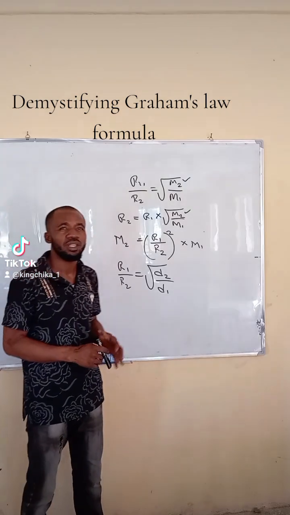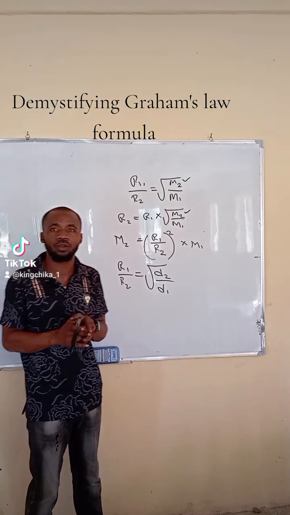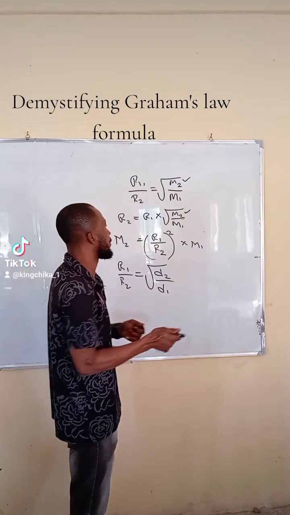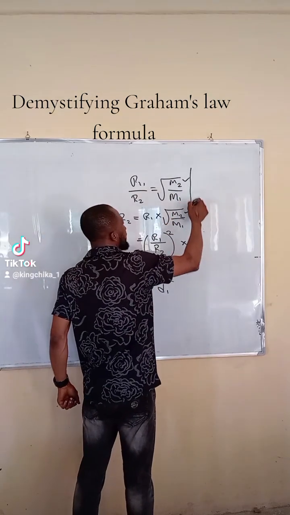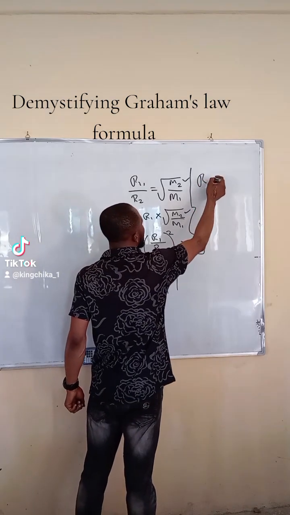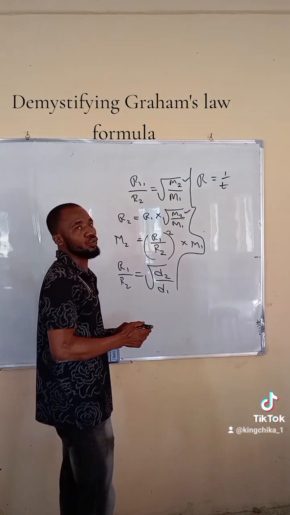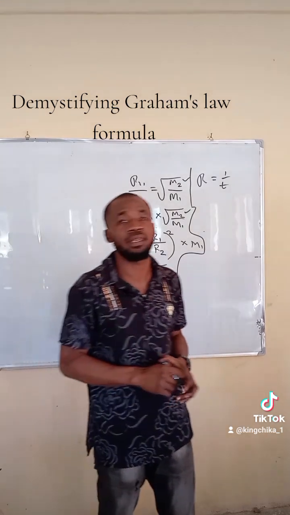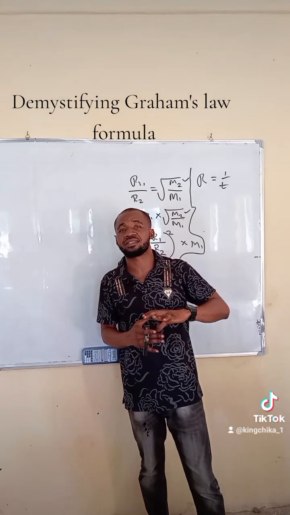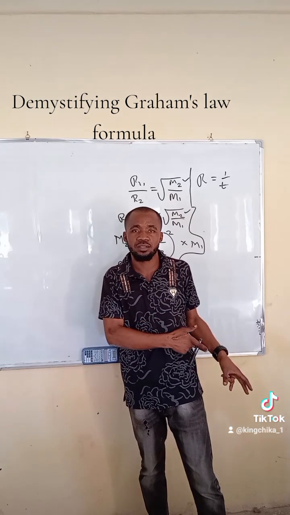Now, if you are dealing with time, because it's only rate versus density, you have to remember that rate is the reciprocal of time. So what does it mean? It simply means that when something is done at a faster rate, the time required is small.